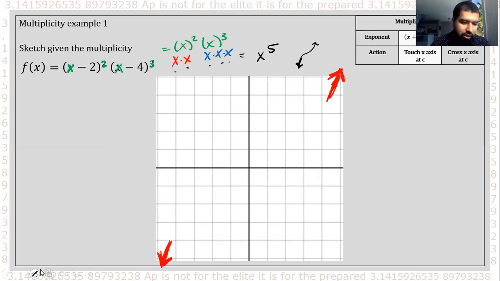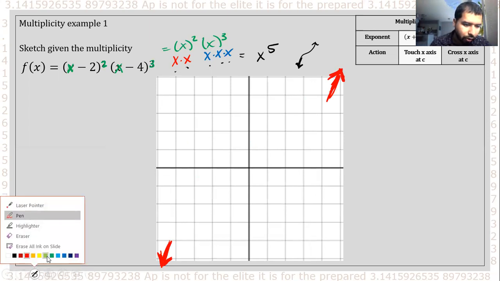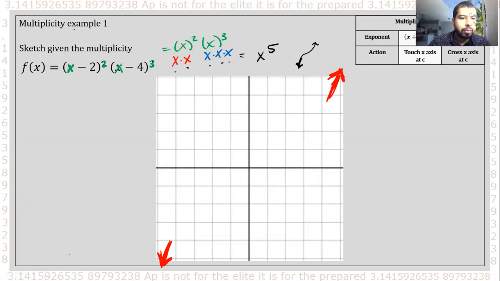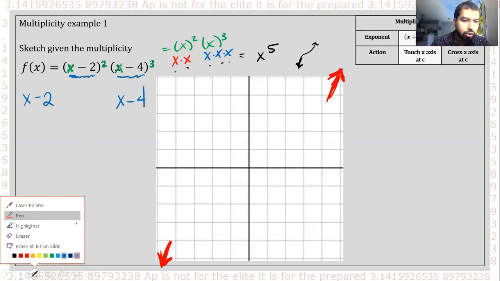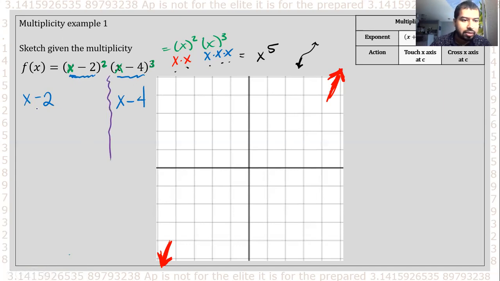Alrighty, so let's go ahead and get each one of these little parentheses. I have x minus 2, and this other one, x minus 4. We're going to set each individual term inside the parentheses equal to 0.